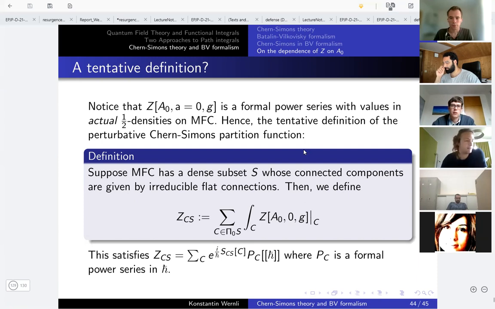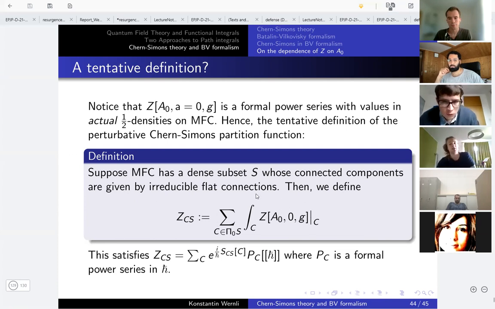There's hope. Here I didn't say anything about the functorial aspect. This is just for closed manifolds. You can define the partition function at some fixed connection also for manifolds with boundary in certain cases; that was part of my PhD. There are different approaches.